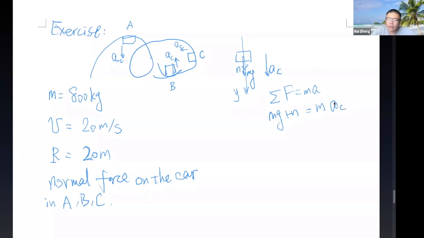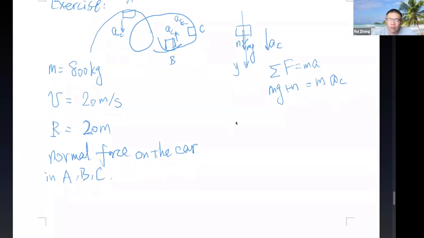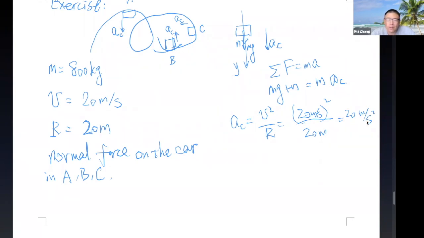It's helpful to solve for a_c first, which is v squared over r, where v is 20 meters per second, squared, divided by 20 meters. That gives you just 20 meters per second squared. This is a huge acceleration, because our free fall acceleration is only 9.8. So you would definitely feel something when you ride this roller coaster.